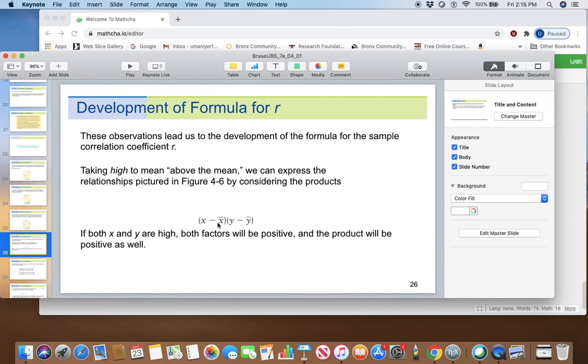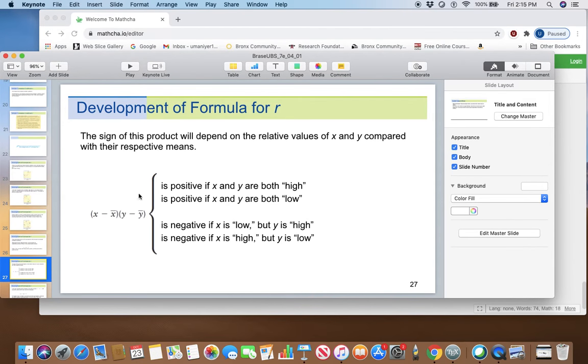So take x minus x bar, y minus y bar, and multiply them. This you need to do for every x. If both x and y are high, this will be positive, this will be positive, and the product will be positive.